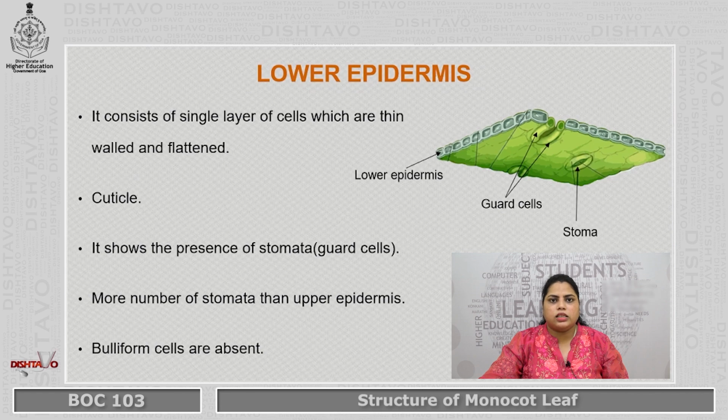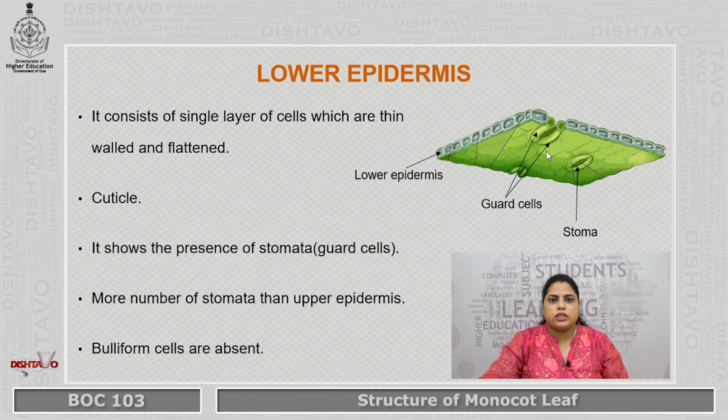Moving on to the last layer of the monocot leaf, that is the lower epidermis. These cells are single layered, they are thin and they are flat in nature. They consist of a thin layer of cuticle. Again, because of this cuticle region, the plant is able to protect itself from fungi and other spores.